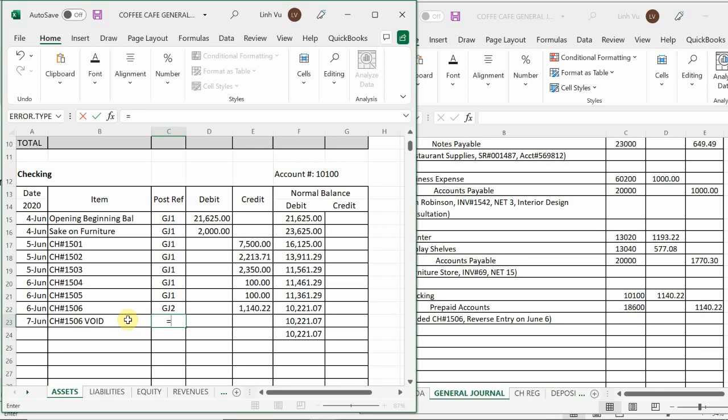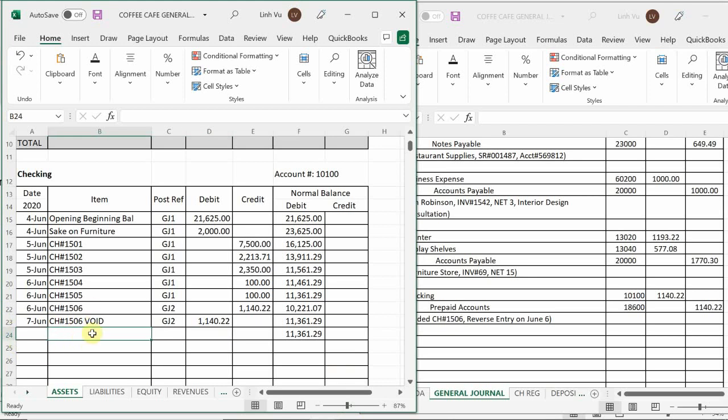So that's going to reverse that money, and you are going to put back the 1140 into your bank account to bring you back up to where you were before at 11,361.29.